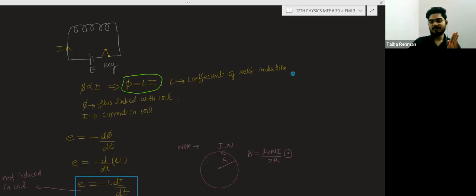In AC, three types of circuits will be there: pure resistive, pure capacitive, pure inductive, and after that we will combine them. Then there will be LC oscillation and all that. We can complete that chapter in at least 3 lectures.